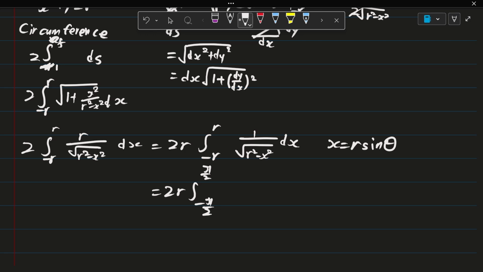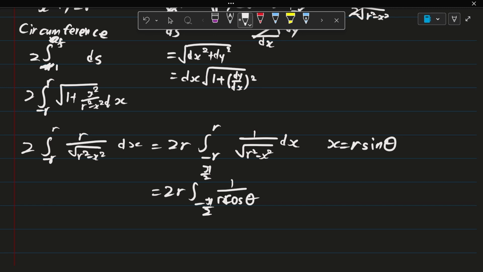And also, we could write this function in terms of theta. So it's going to be 1 over r cosine theta, because 1 minus sine squared theta is cosine squared theta. So taking the square root of that, you get cosine theta.